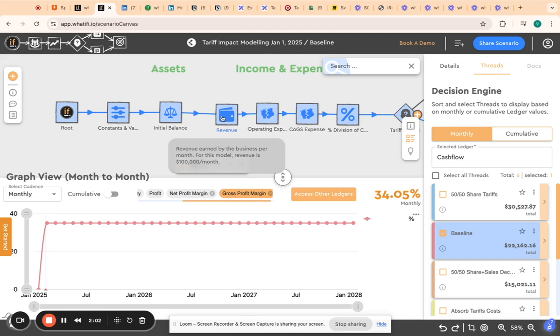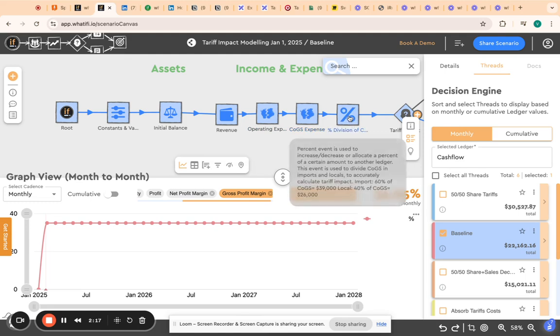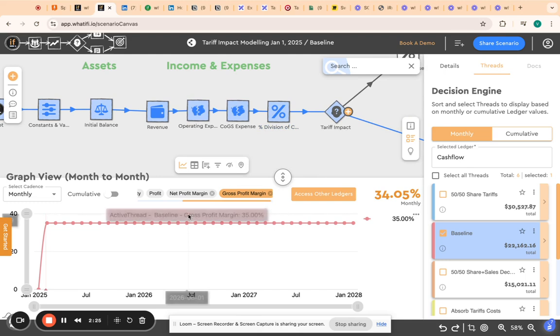This is a general number for easier calculation purposes. We have operating costs, which are fixed costs that remain steady at $15,000. Then we have COGS around 65,000, which are divided into two parts. 60% of it are imports, and 40% of it are local costs. This is your reference point where the profit margin is 35%.